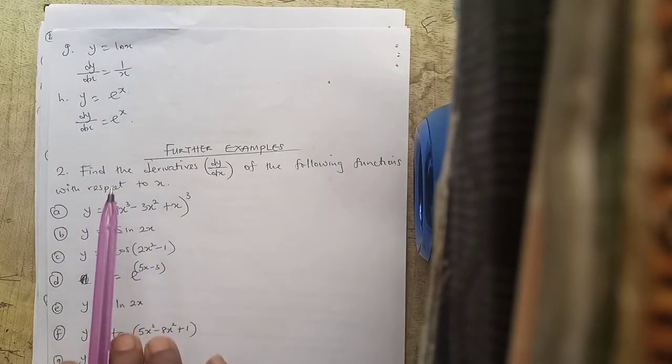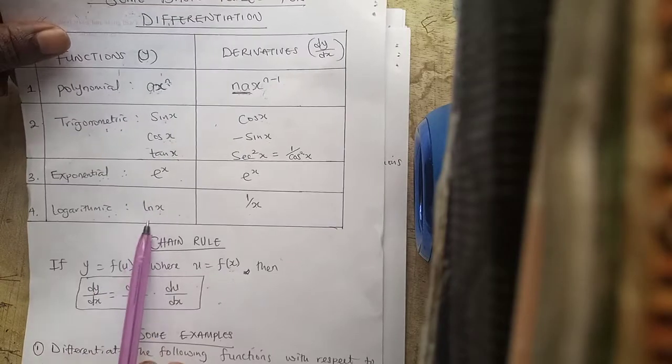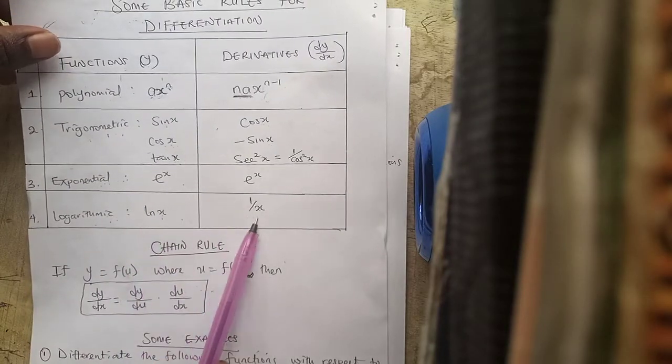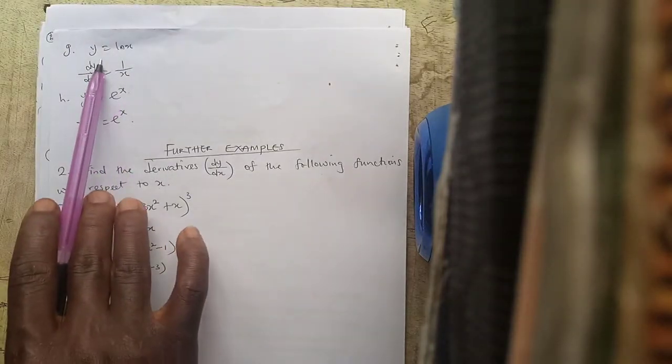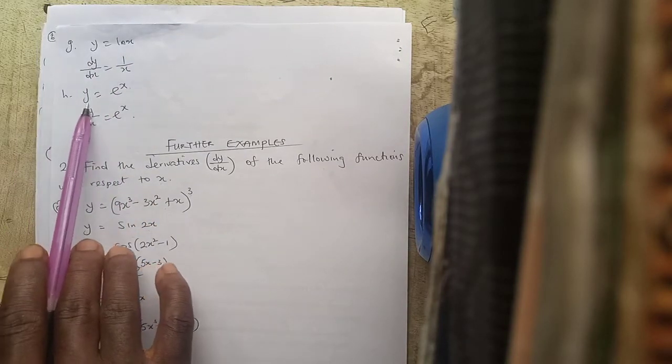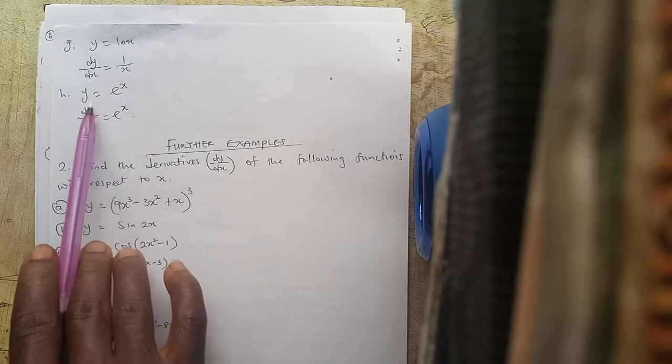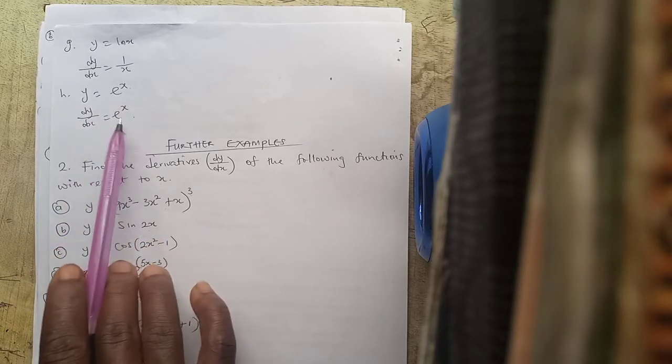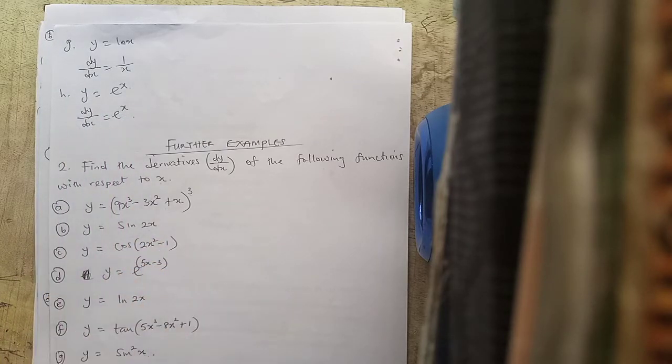From the table, whenever we differentiate ln x with respect to x, we are going to have 1 over x. Also, if we have y equals exponential x, the differentiation of y with respect to x will also give us back exponential x.